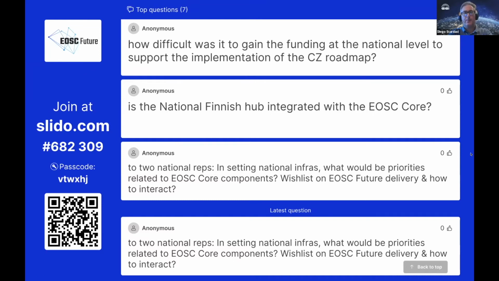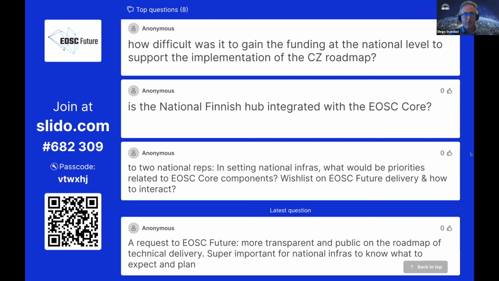You will see quite comprehensive documentation available that will allow the providers and national infrastructures to understand the offer, and the new release of the services will be operated at operational level. So this may also answer Ludek's comment.